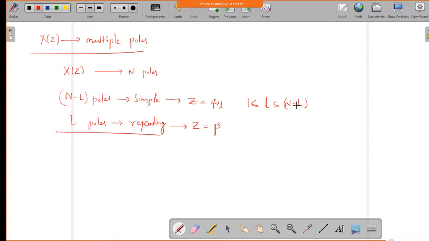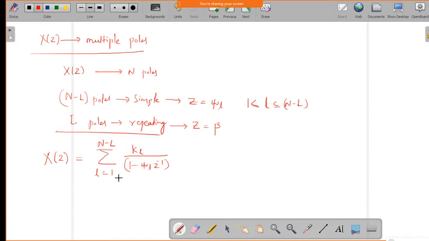So now we can write the partial fraction expansion of x of z. As I said, l equal to 1 to n minus l, because these n minus l poles are simple and situated at z equal to psi l. So those poles we can write as summation of k l divided by 1 minus psi l z inverse.